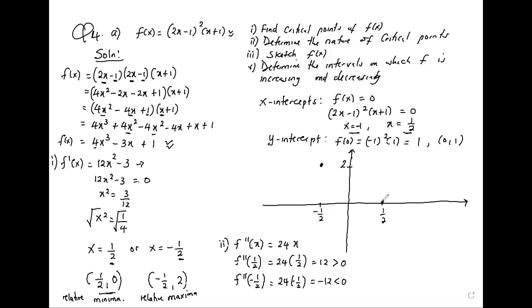There, and half, 0 is minima. So it means that the function will just touch there, go up here. The intercepts we have are negative 1 and half. The y-intercept is positive 1.